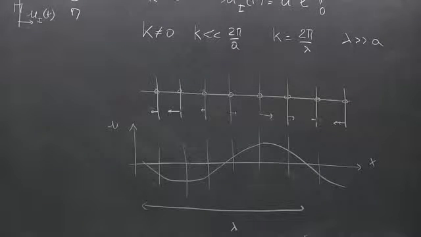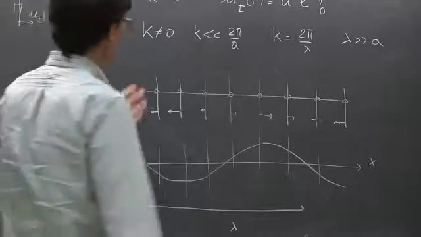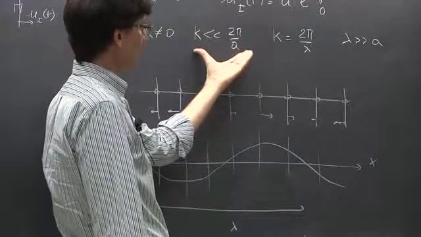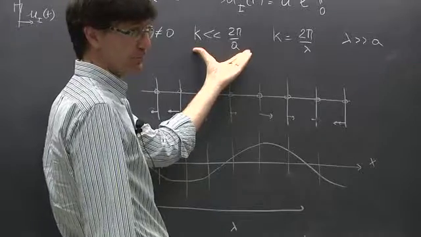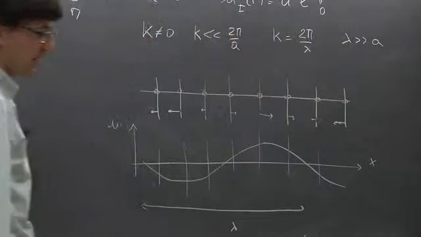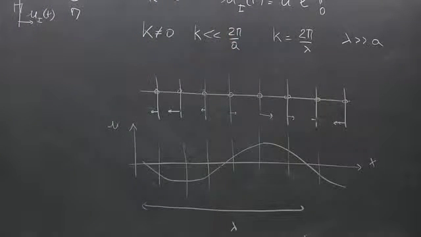We're talking about waves here, standard waves. So what I mean when I take k's which are very small, in terms of 2 pi over a, I mean waves with wavelength much longer than a, to the limit of macroscopically longer than a.